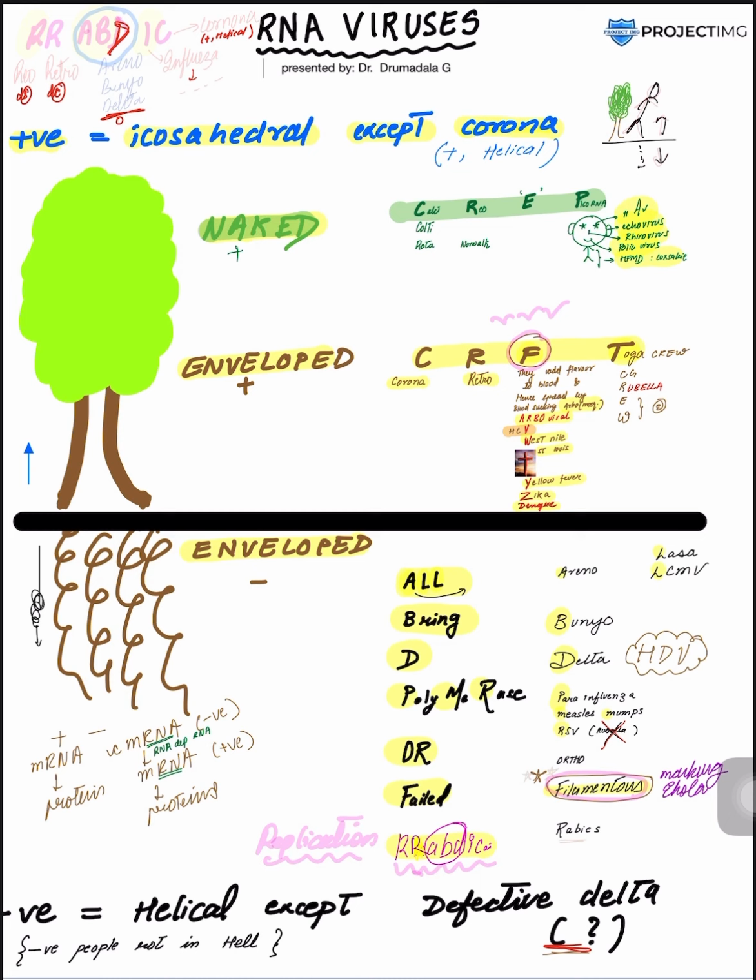Filamentous viruses are buried below, and they will also bury the patients below because they are very deadly, and 99.99% they are going to cause death. And another deadly one is your rabies. Please note, above the ground we have the flavorful viruses, which drink the blood and spread the infection, and below we have filamentous.